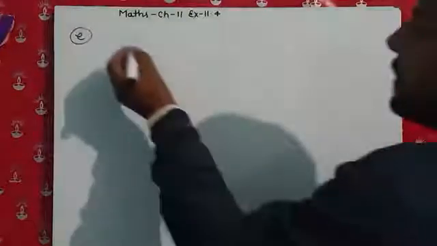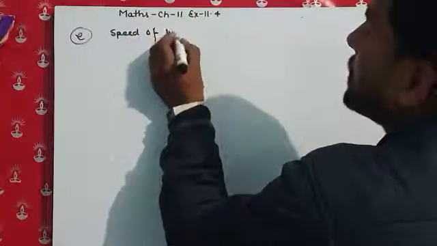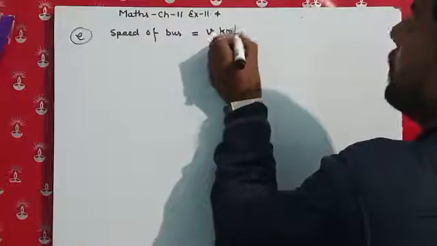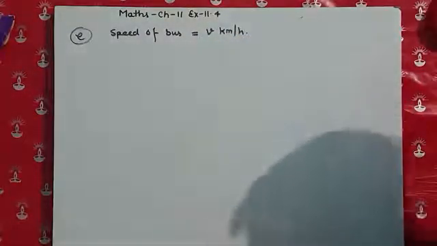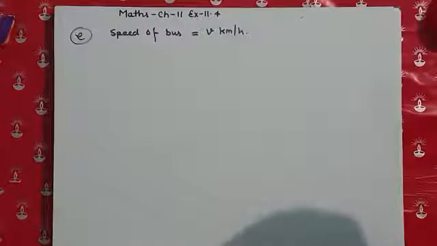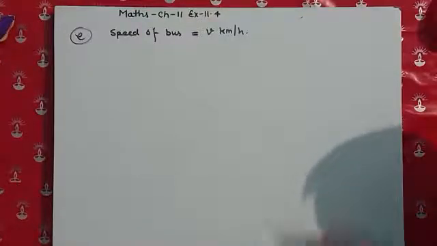The speed of the bus is given as V km per hour. It is going from Daspur to Bispur. After the bus has traveled 5 hours, Bispur is still 20 km away. What is the distance from Dispur to Bispur? Express it using V.